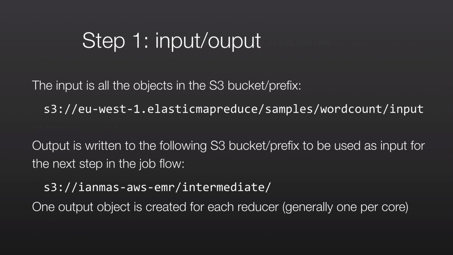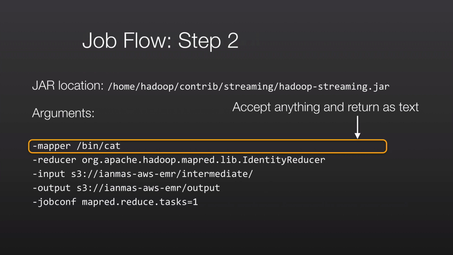So the input, as I've said, is all the objects in that particular S3 bucket prefix. The output is written into that intermediate location, and one output object is created for each reducer, which is generally one per core on the EC2 instances running the reducer task phase. And then we added a second step into our job flow, because we wanted to reduce our output to a single output file.